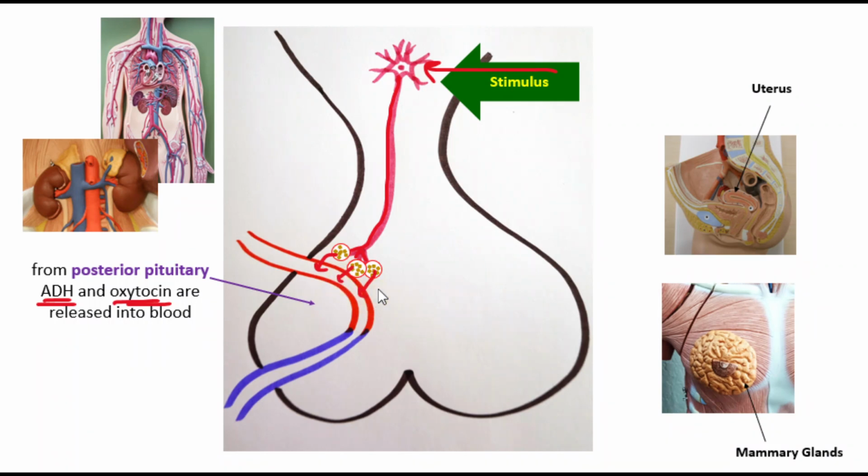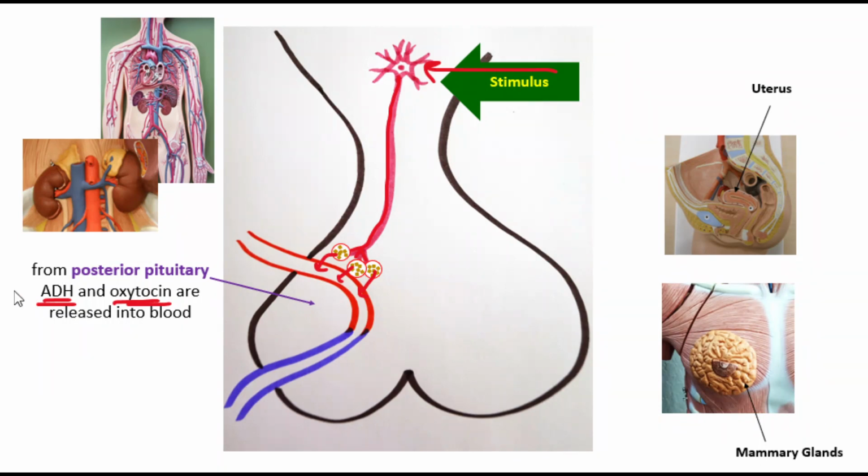So that's why we say that production of oxytocin and ADH would be actually by the cells that we have in hypothalamus. However, these hormones are released into bloodstream in the posterior of pituitary gland.